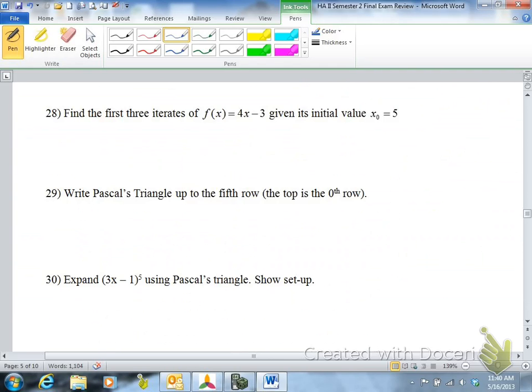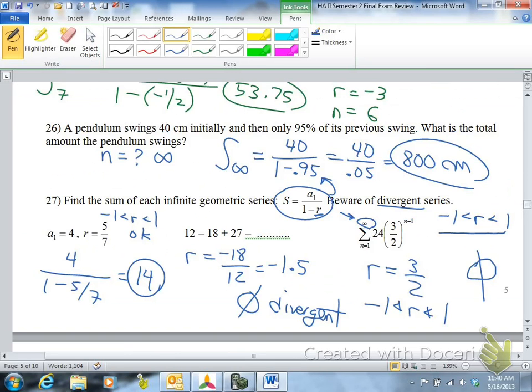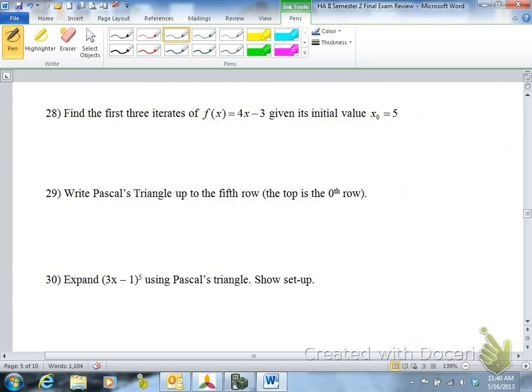To find the first 3 iterates, given you start at 5 and there's your function, how do you find iterates? You plug x of 1 into the function, so you plug 5 into that and you get 17.